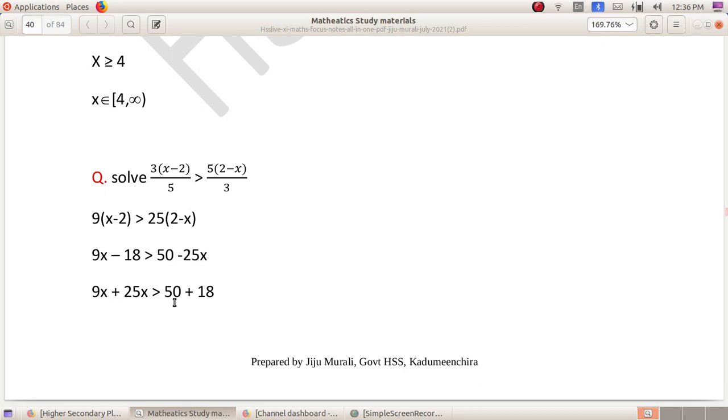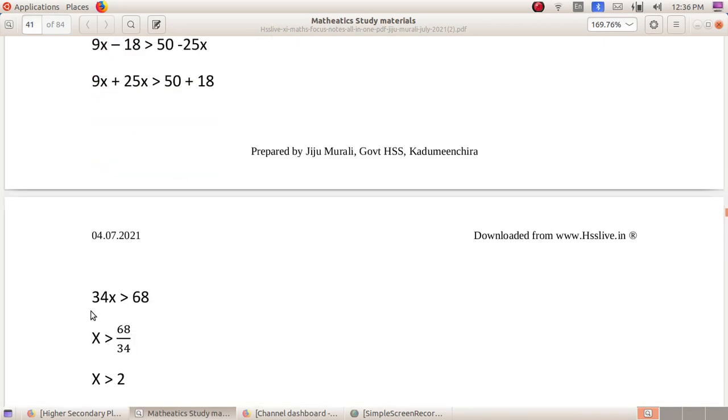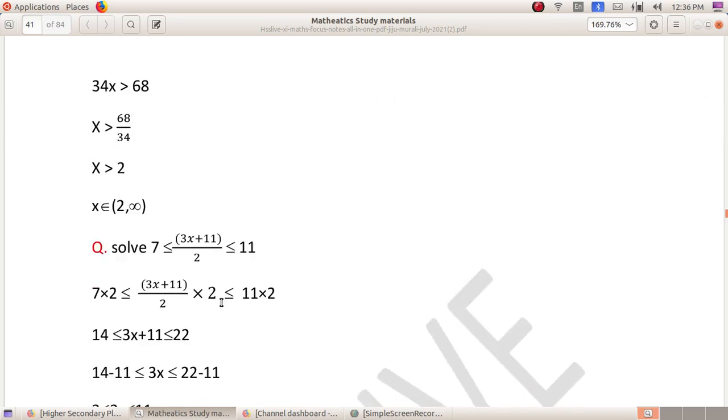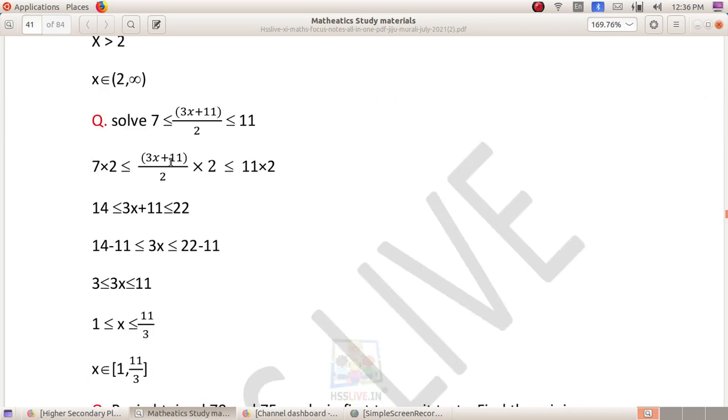That is 34x greater than 68. x greater than 68 by 34, that is x greater than 2. So you draw a number line, middle part 0, then 1, then 2, 3, 4, etc. Here at 2, x greater than 2 means you can shade from 2 onwards. So the answer is x greater than 2. There is no need of writing this one.